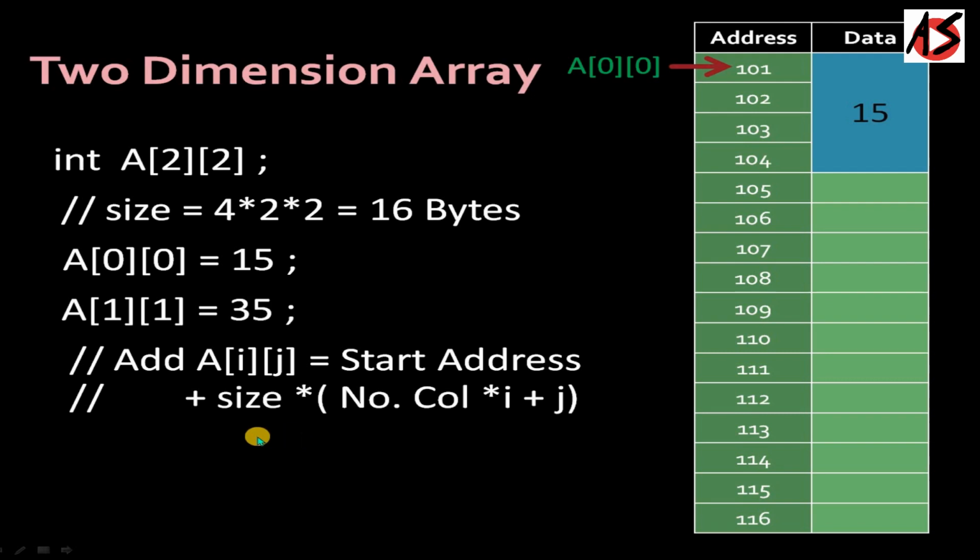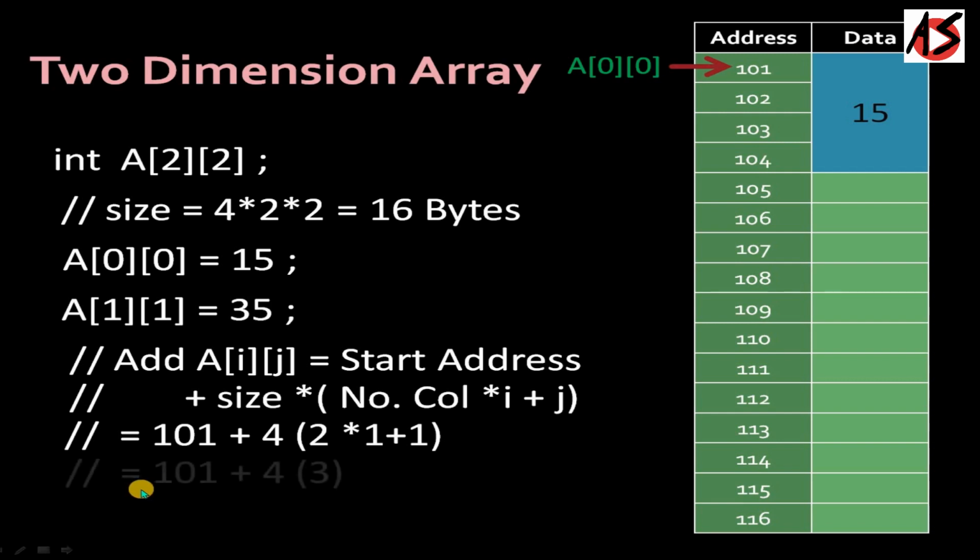So we will put the values here. Our start address is 101, so we put it over here, plus the size of our data type, which is 4, so we put it here. The number of columns is 2, so we take this as 2. The row index i is 1, so we put 1, and j, the column index, is also 1, so we put 1 here.